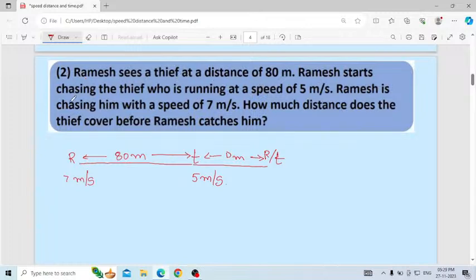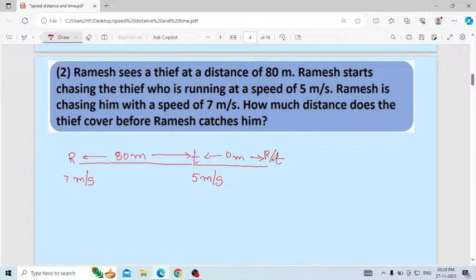Then Ramesh starts chasing the thief who is running at a speed of 5 meter per second. Then the thief's speed is 5 meter per second, and Ramesh's speed is 7 meter per second. Since Ramesh's speed is more, he will move faster, and then he can catch the thief.